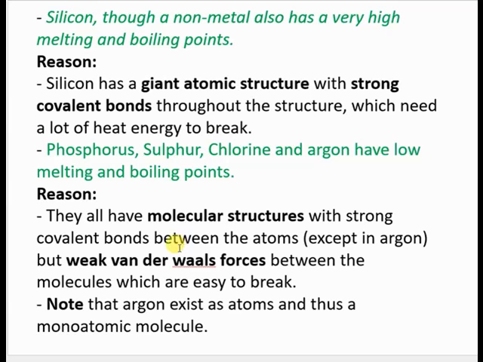The atoms of these molecular structures are held by covalent bonds, but the molecules are held by weak van der Waals forces that require very little energy to break. That's why molecules have very low boiling and melting points.